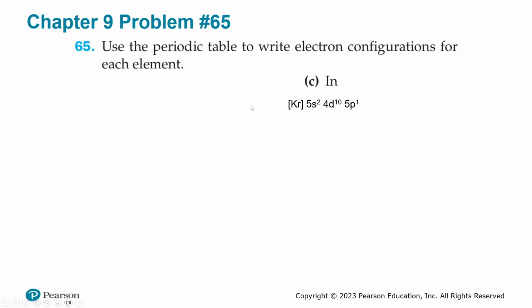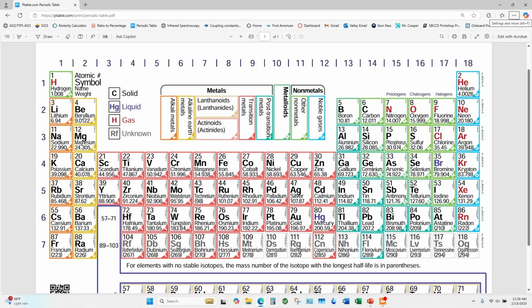So our next one is indium. We'll go look at our periodic table. Indium is down here in the 5th row, so it's at the n equals 5 principal energy level, or valence level. Indium is in the first position of the p block. However, we have d orbitals to consider now. Unlike aluminum, where there were no d orbitals preceding it, now we have to include our d orbitals.